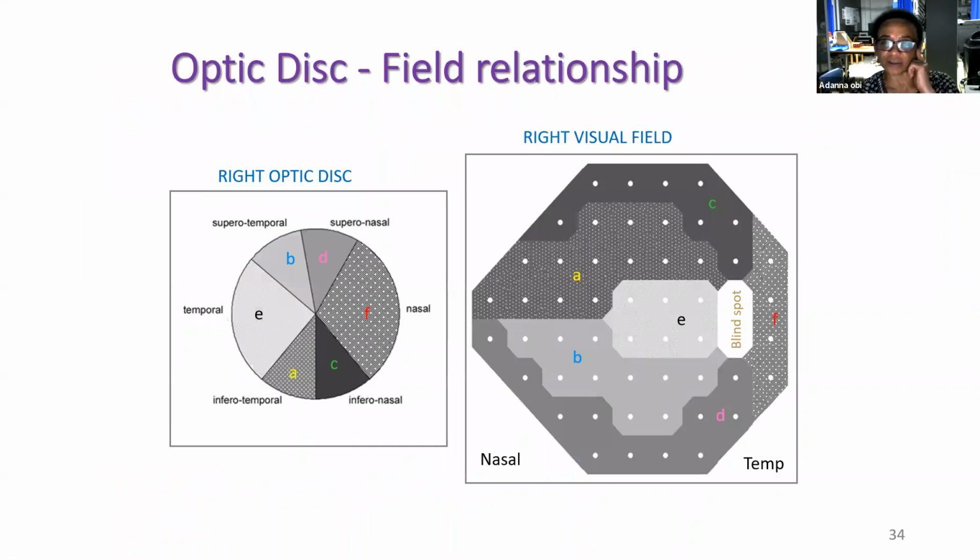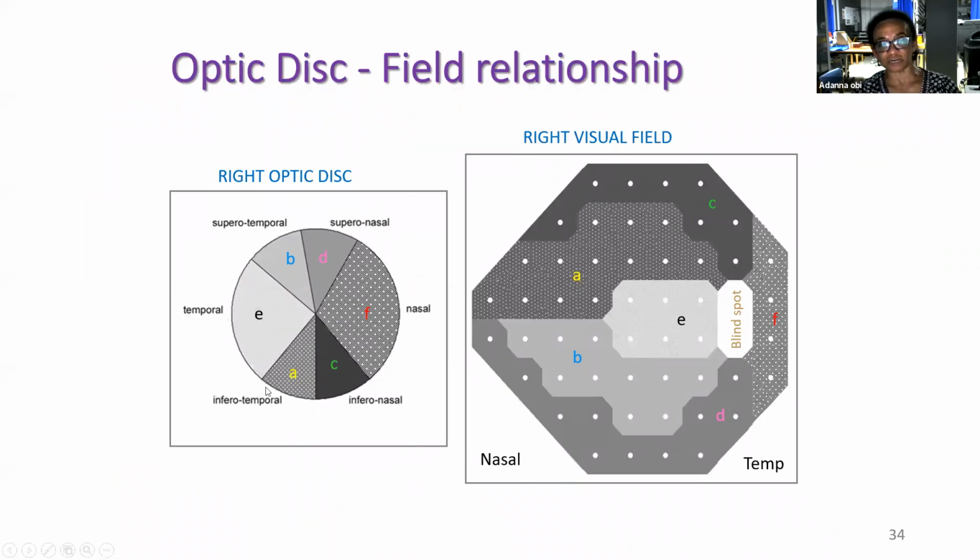This is to try and help you relate disc to field. The better the correlation between the optic disc appearance and the visual field appearance, the more likely that is to be true and to be glaucomatous. So here, this inferotemporal area, for the right disc and the field associated with that right disc, is the commonest area to have field loss.